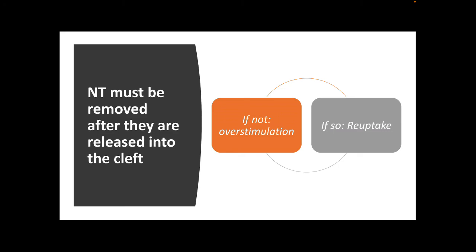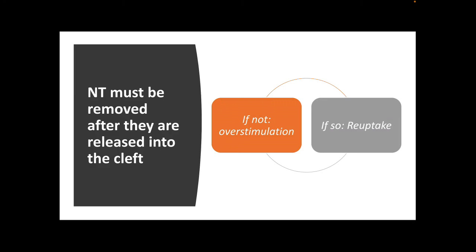The important thing when you have neurotransmitters being released into the synaptic cleft is that there has to be a way for you to remove them after they have done their job. If you just leave them there, you can cause overstimulation, and that can be really bad for your body. So there has to be some kind of method for a reuptake of these neurotransmitters.